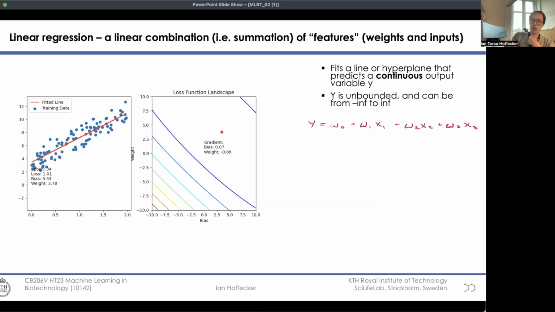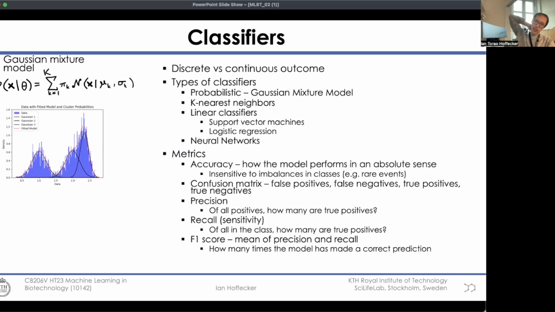And the idea is that our model is going to spit out a number for us, or predict the value that y would have. But maybe we want a classification system. So in contrast to a continuous output variable, maybe we have a class label as our output. And so we previously talked about a type of classifier called the Gaussian mixture model. And in this case, we were fitting a sum of distributions to some data.